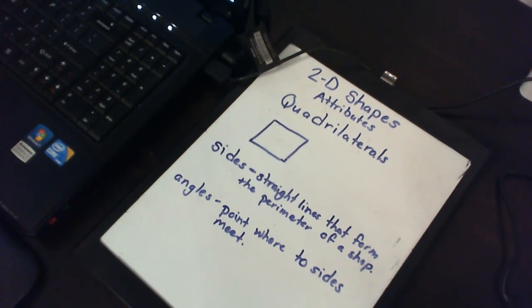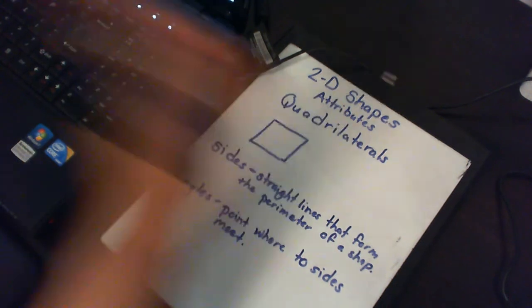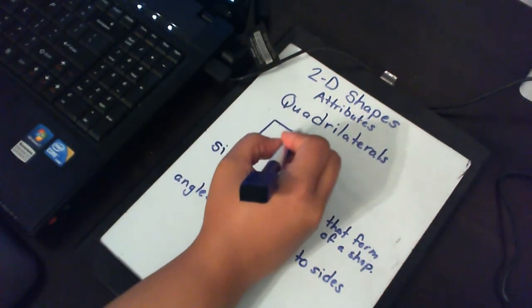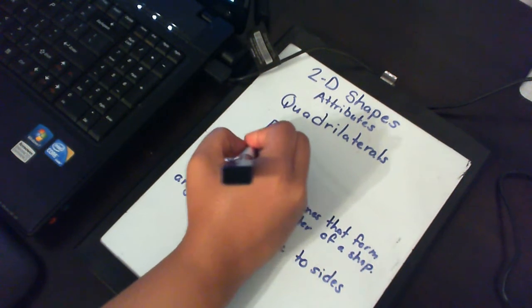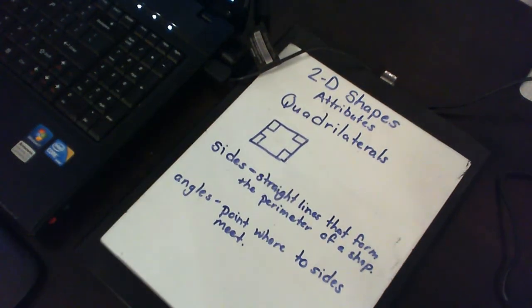On this particular shape, an angle would be here, or here, or here, or there. And because this is a box, they do form right angles, but next week as we dive into triangles, you'll learn that they are not necessarily a right angle, which is the box that you see.